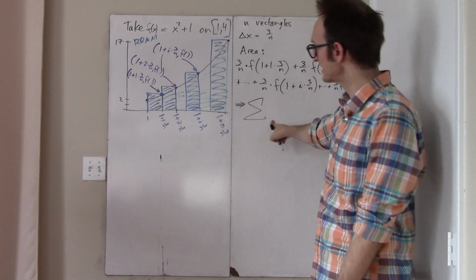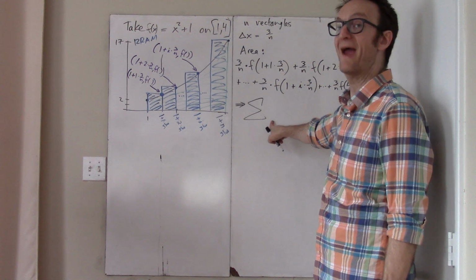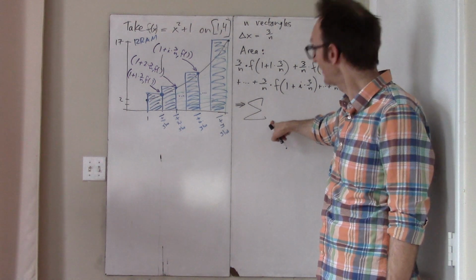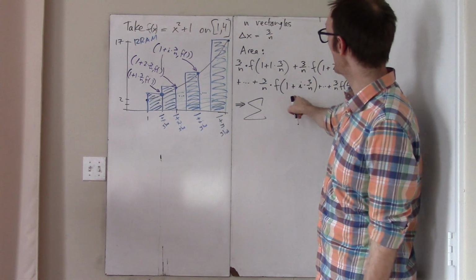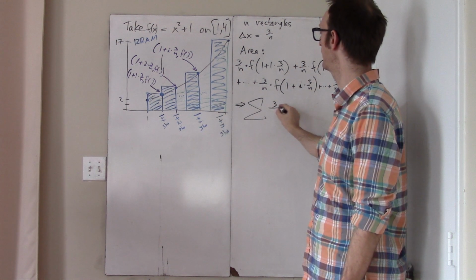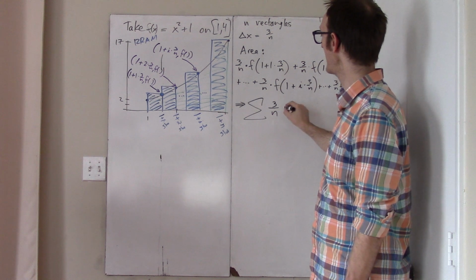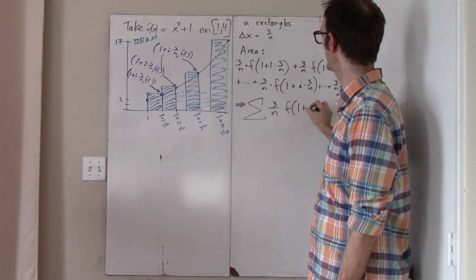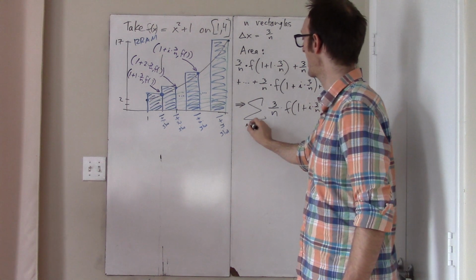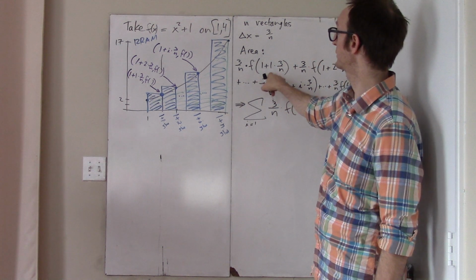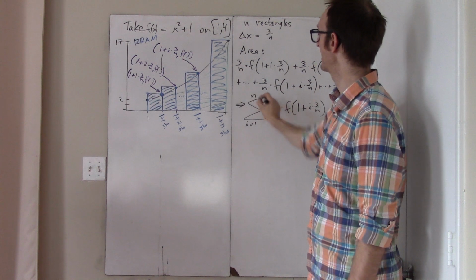And what is the area of the ith rectangle? Well, the area of the ith rectangle is just 3 over n, the width, times the height, which is f of 1 plus i times 3 over n. And we start counting at i equals 1, as you can see, and we stop counting at n.